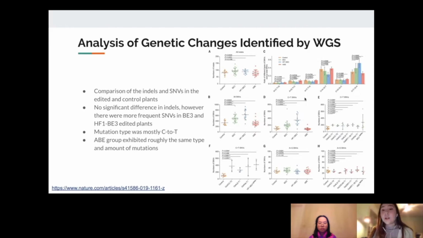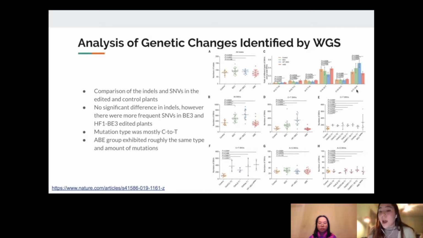So to do so, if we look at part C of this diagram, we can see they rank the frequencies of different types of single nucleotide variants throughout the different transformed plants. So the ones that are very low to the ground suggests that there's very little incidence of single nucleotide variants, or that they're very similar to normal levels in untransformed plants.